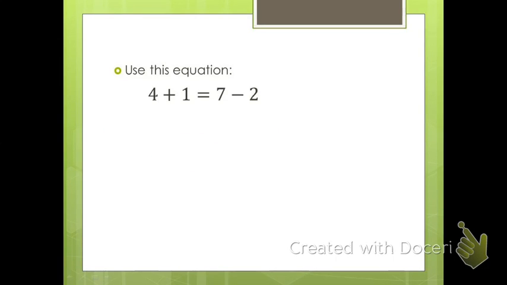Okay, what if we added 3 to one side and 2 to the other?